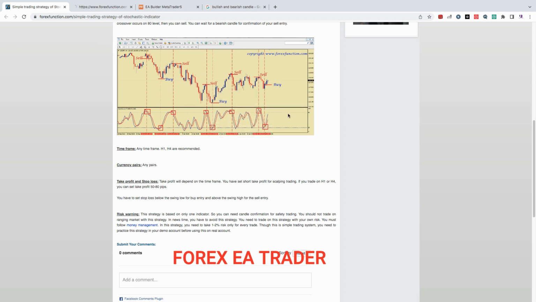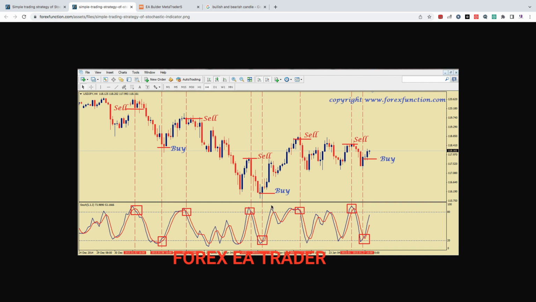Let me just open this in a new window. The stochastic strategy. Basically, they have stochastic 5, 3, 3. Those are the settings that they have, and you are going to use it for the crossover from the oversold 20 line or the overbought 80 line, and certainly it's being used in combination with bullish candles or bearish candles.